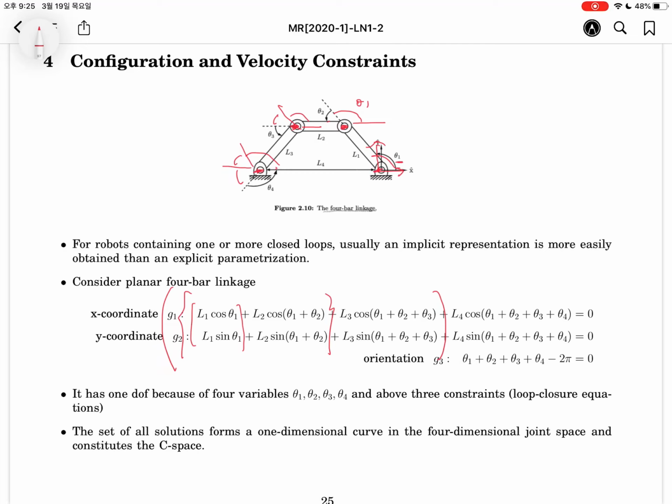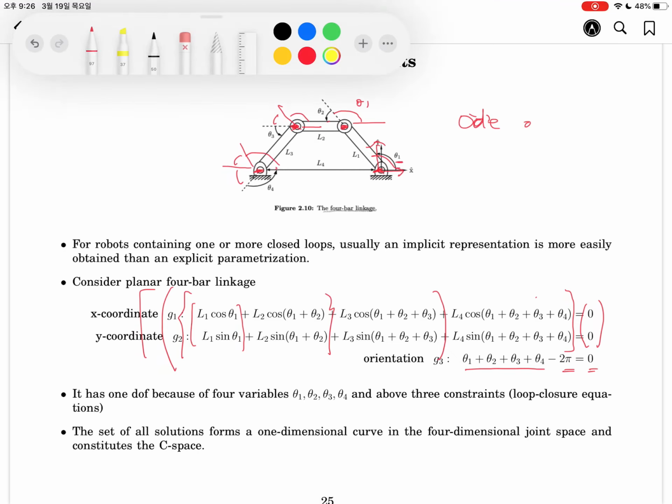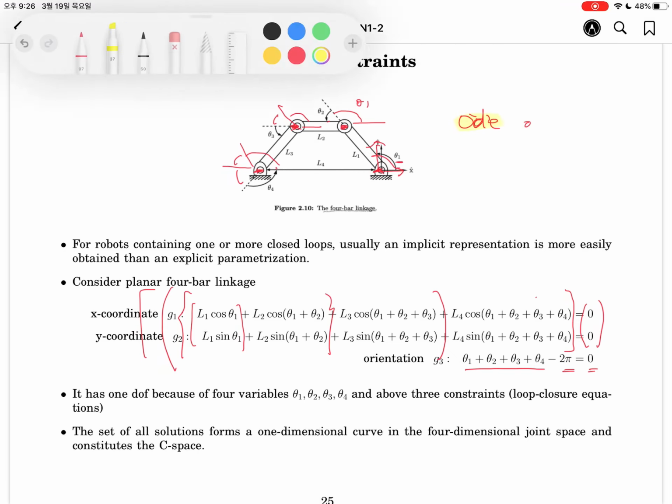I'm sorry, 1, 3 is the third point, and the fourth point will be the origin. So by adding the 4 elements it will be 0. It will return to the original posture. And one more, the addition of the 4 elements will be 2 pi, so minus 2 pi will be 0. So as you know, this mechanism has 1 degree of freedom. Oh, I'm sorry.